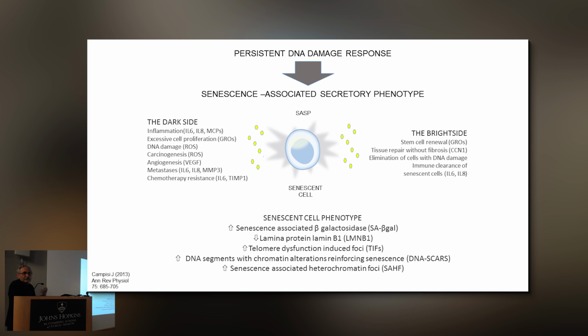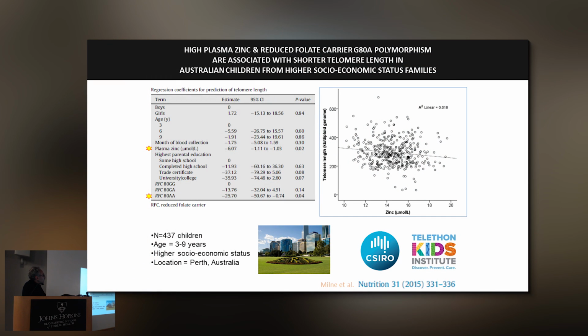So then you remain with this pro-inflammatory condition staying and increasing with age, increasing inflammation, excessive cell proliferation, DNA damage, stimulating carcinogenesis, and so on. So this is thought to be part of the inflammation scenario. So others are trying to consider what can you do about this. Maybe we should try and help the senescence system to do its job. Okay, so there is a lot of research going on in this particular space.